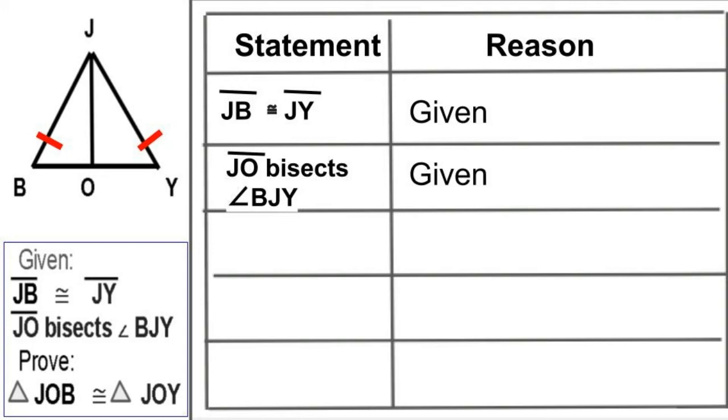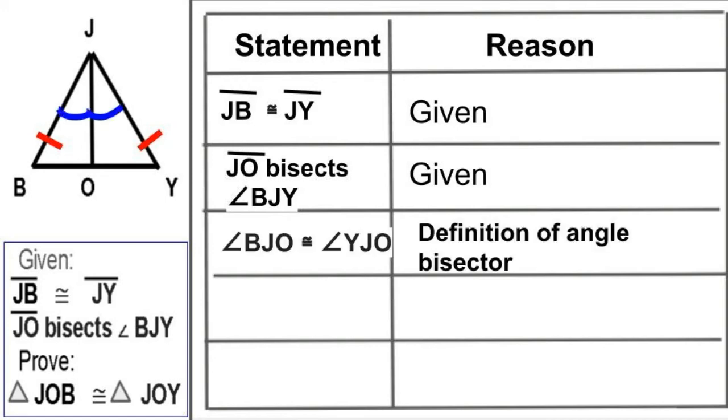Since segment JO bisects angle BJY, then it divides the angle into two congruent parts. We have angle BJO is congruent to angle YJO, and the reason is definition of angle bisector. Note that the figure has a common side or a shared side, which is segment JO.